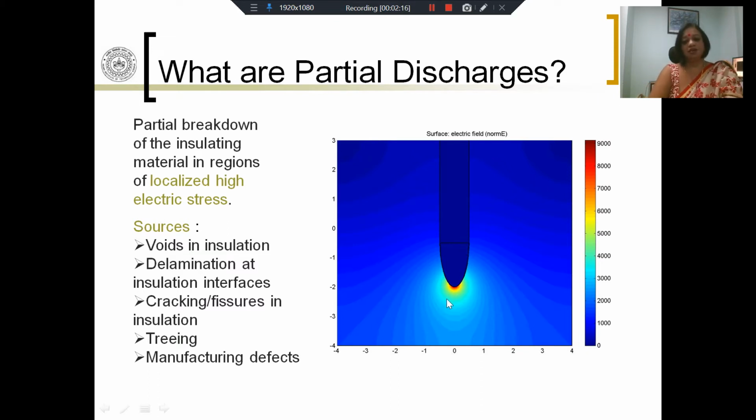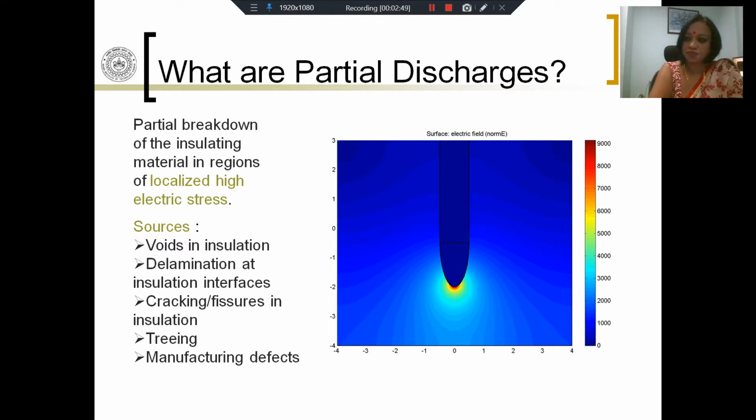But this kind of field only extends to a very small region. So this situation will not permit breakdown of the air such that electrons can flow from the needle to the plate. It does not allow complete breakdown and there is no complete path created between the two electrodes. However, the small volume of air in this red region may break down. So this is what I mean by partial breakdown.